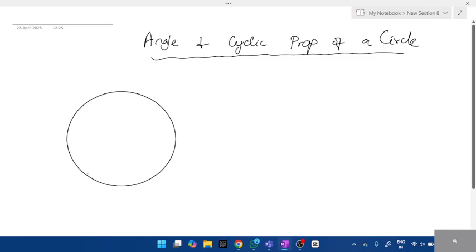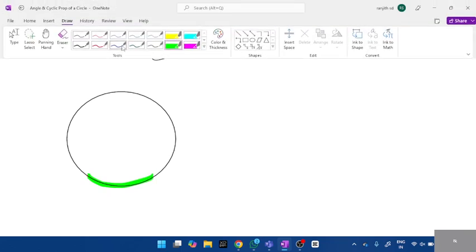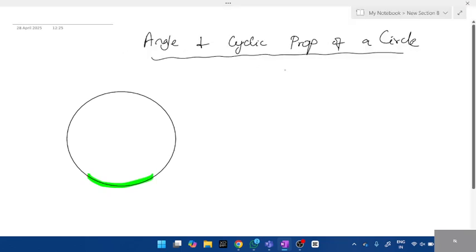Okay, first, in a circle, let us take any arc like this. This is the first property, or theorem 1. So, theorem 1 is nothing but in a circle, this green line is the arc, and O is the center.